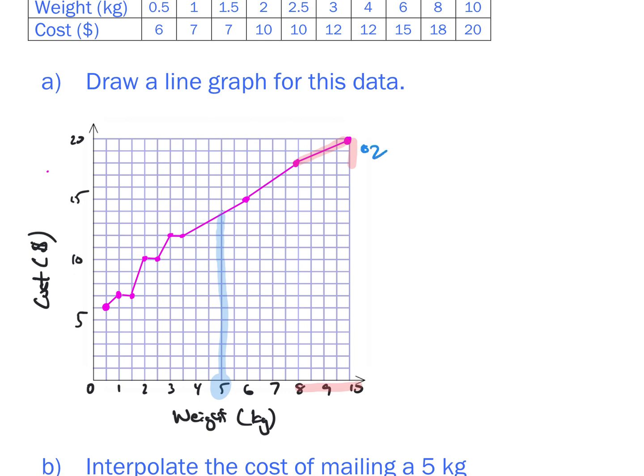In other words, every kilogram gives you an extra $1. So, if we add 2 kilograms, we should be adding $2. And if this number here is 20 and we add $2 to it, an estimate for how much it should be would be about $22.